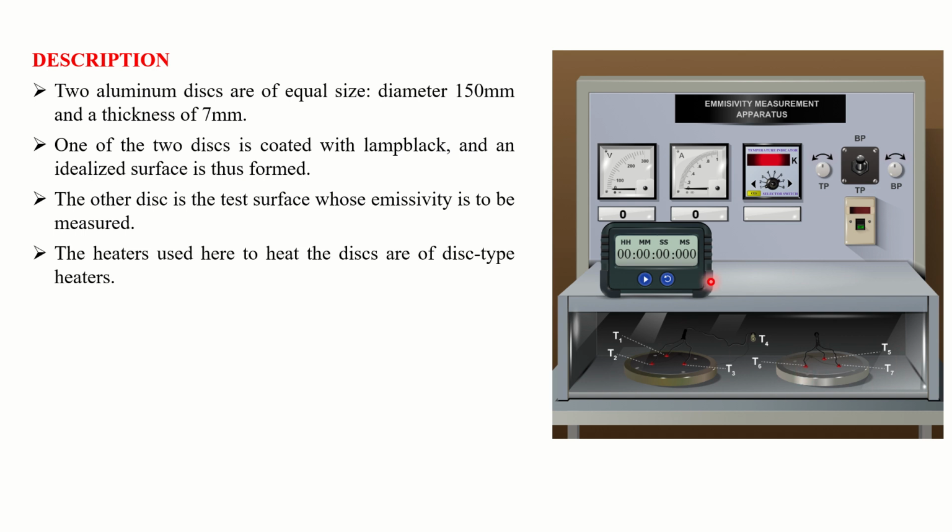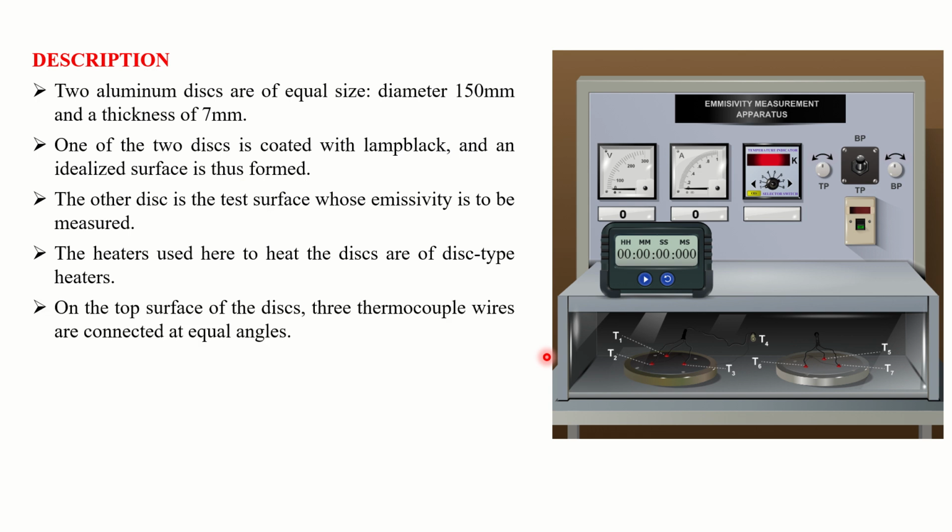This chamber arrangement is connected with a heater. From heater, this chamber receives the heat energy and it is transferred to aluminum disc and the black surface. And from there, we can go for the observations and the calculations for finding emissivity of non-black surface.